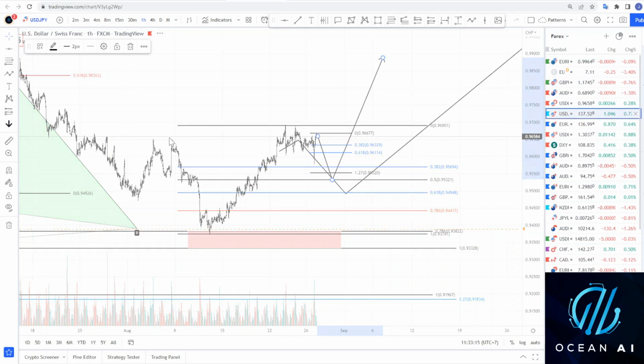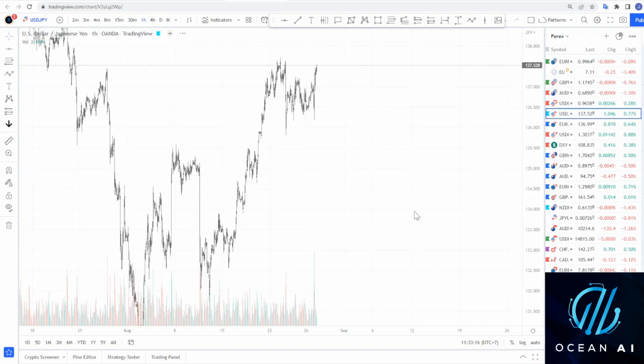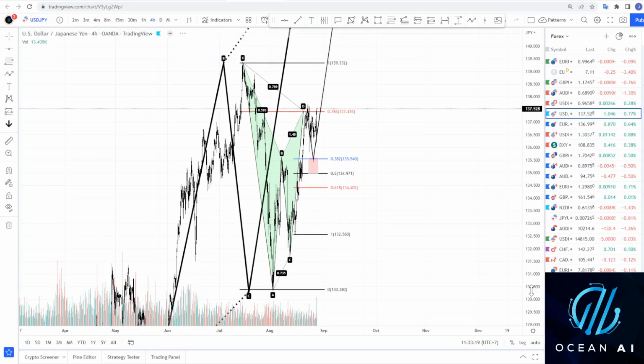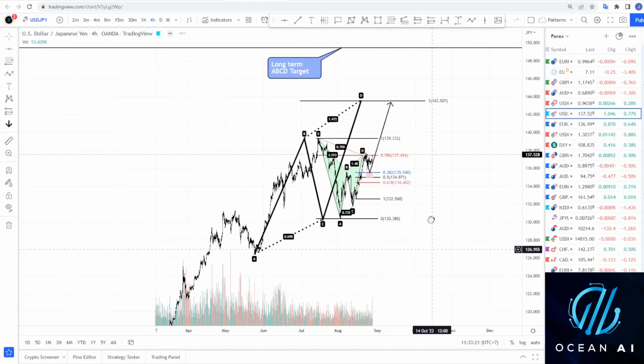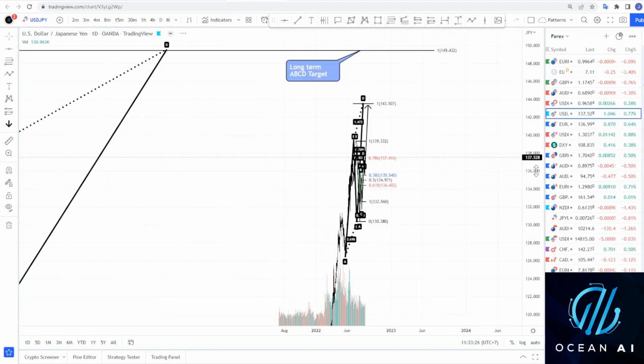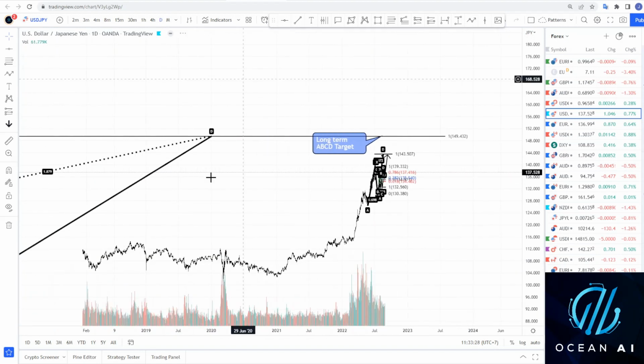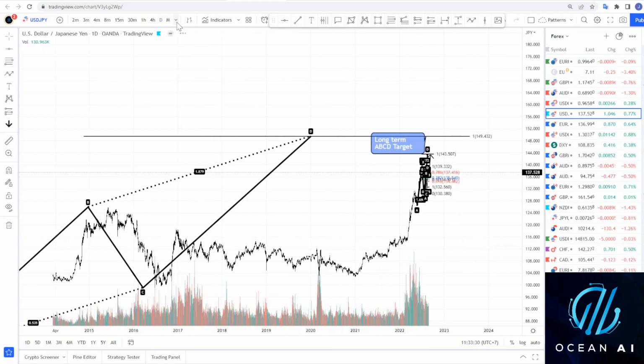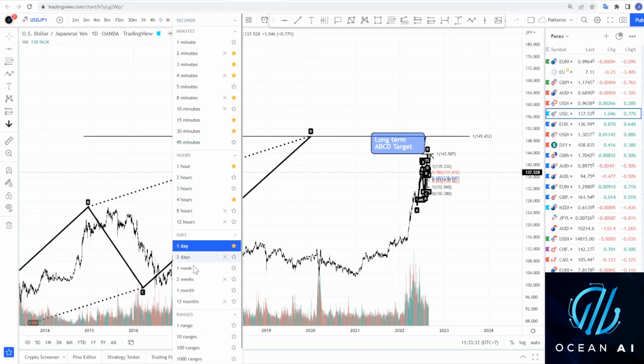The yen. The yen just keeps on marching on. So we've had that pullback in the yen, and now we're heading back towards higher prices. So I'll go to the weekly on this one.